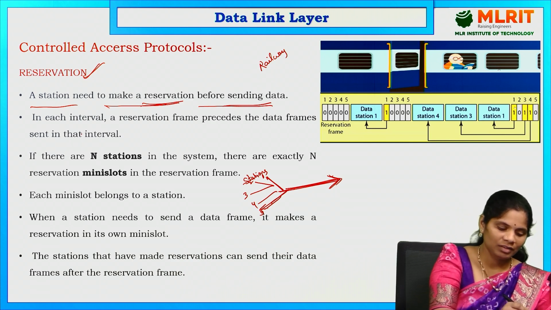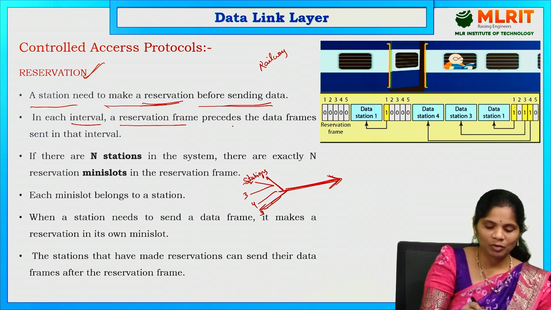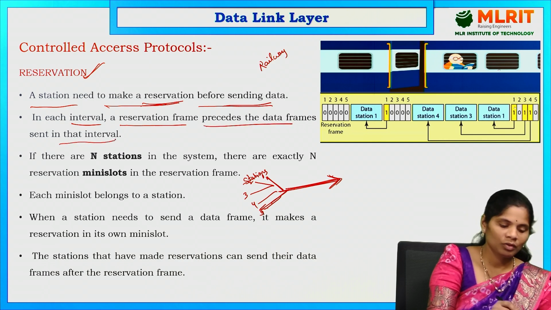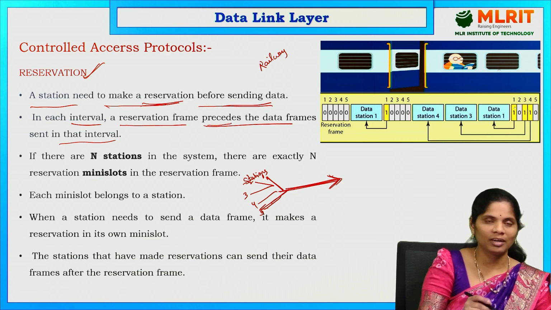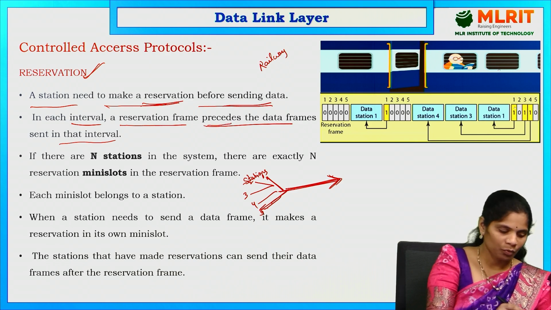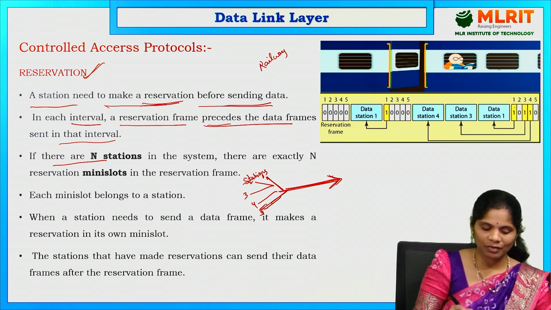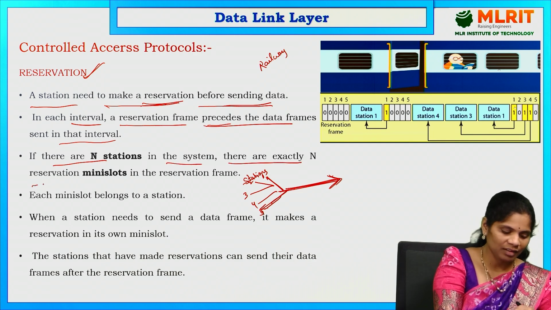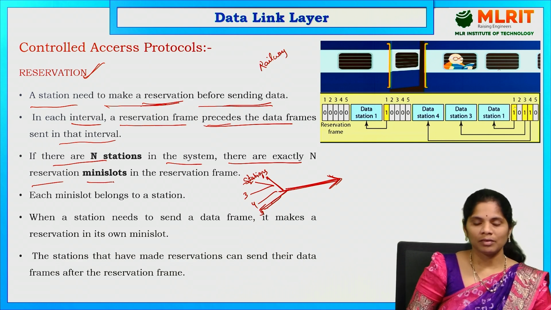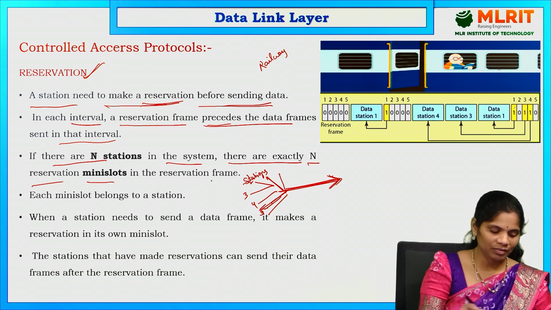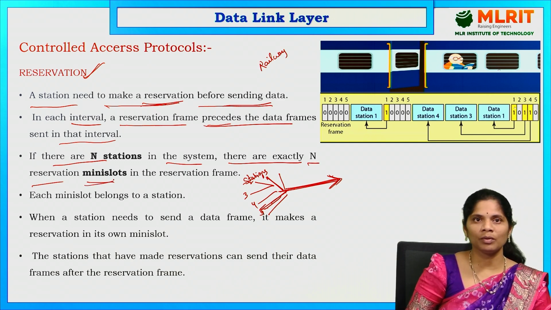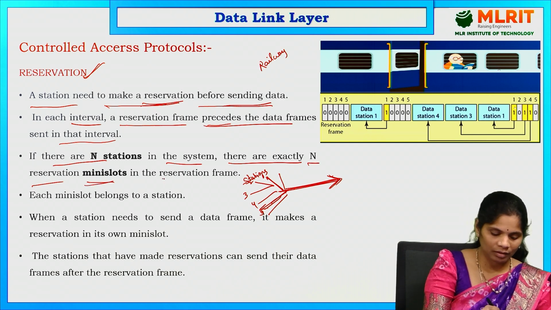In each interval, a reservation frame precedes the data frames sent in that interval. Suppose there are n stations in the system. Then there are exactly n reservation mini slots in the reservation frame.